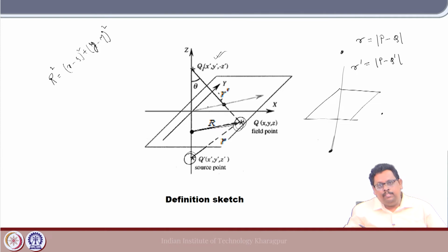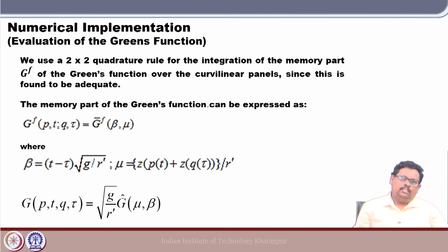Now, how do we compute this? Actually, we do a transformation. So, what transformation are we doing here? We are using a 2 by 2 Gauss quadrature rule to do that. Now, here we do not have sufficient time to tell you about this numerical scheme, how I do this beta and mu.